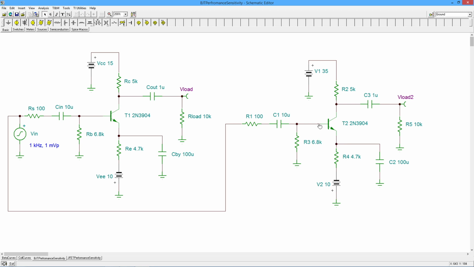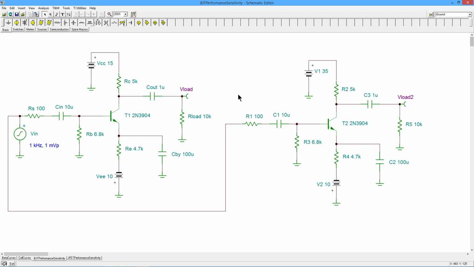Another thing, by changing the beta, we'll change the IB value, and that's going to change that little DC voltage that we see here, but not a big change, as we saw. The Z in base, however, reacts with whatever the generator impedance is, in this case a modest 100 ohms, and particularly if this is a big resistance, that can impact the amount of front end loss you have on the amplifier.